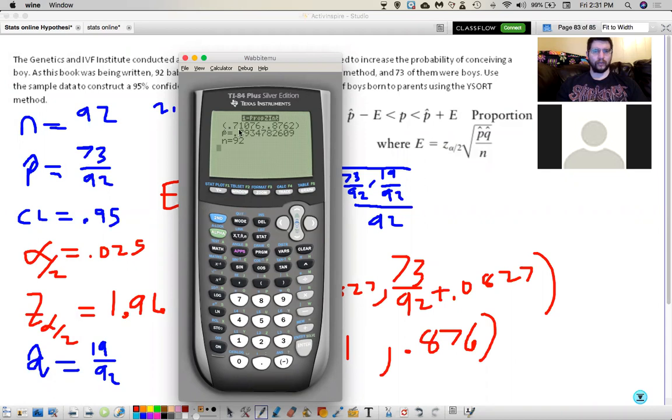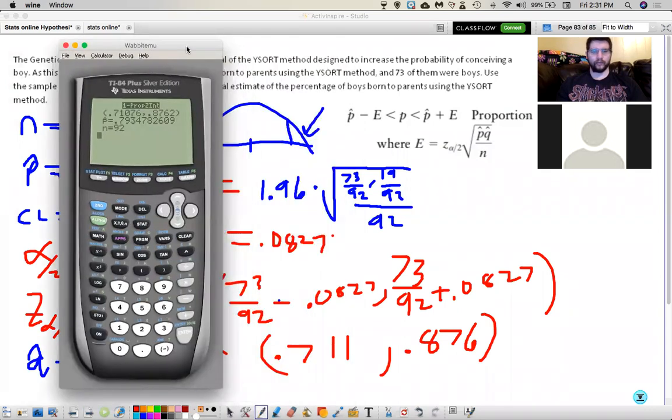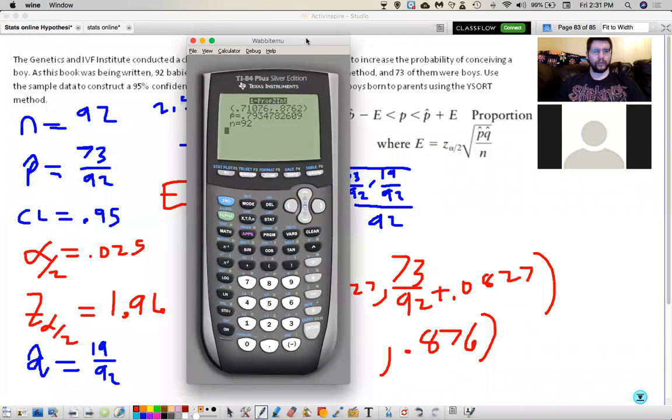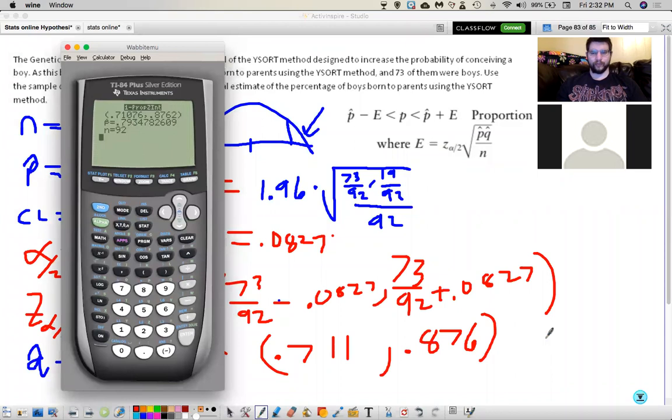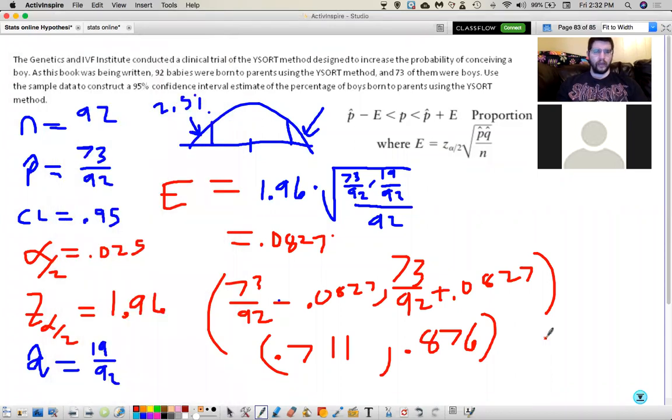Calculate, and we're done. 0.711, 0.876. Also gives you P hat, which you should already have anyway. Okay. So that's how you do a confidence interval.